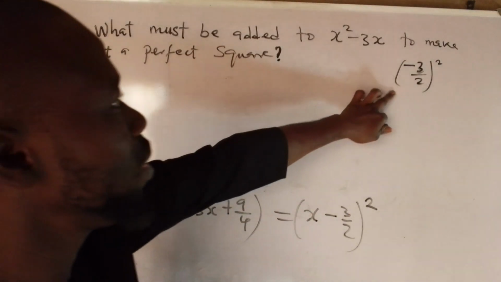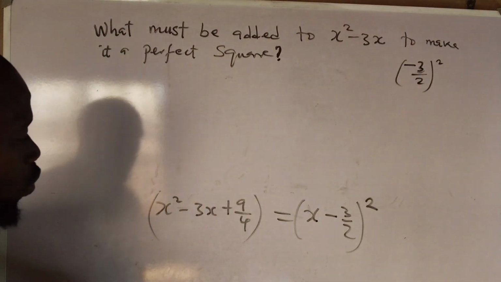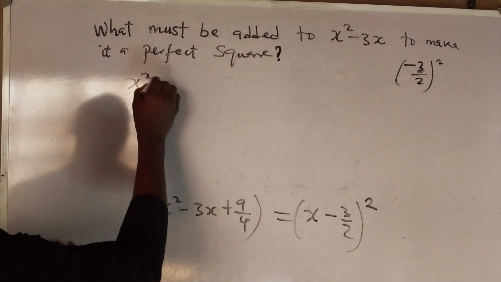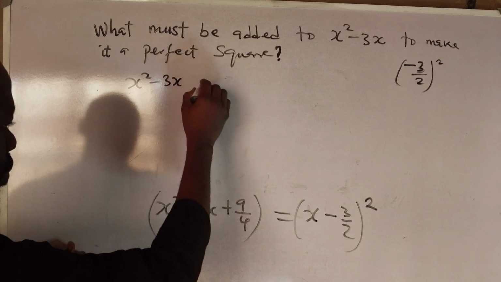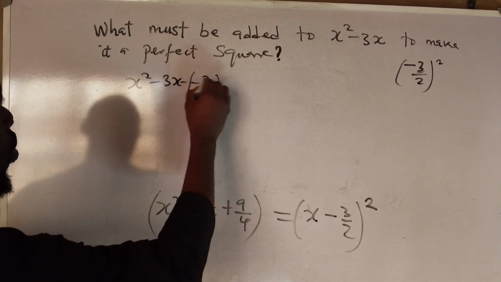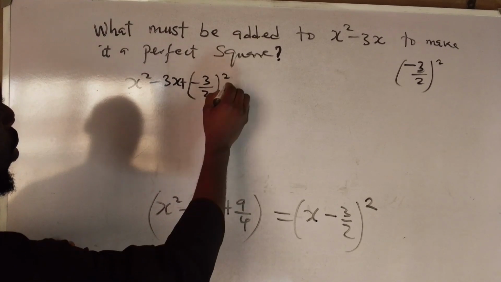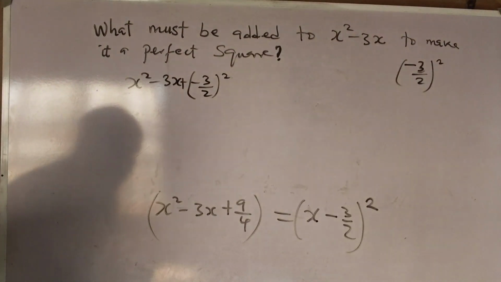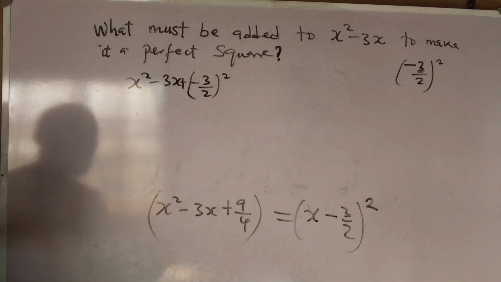That's what must be added to this to make it a perfect square. So that's why we said x squared minus 3x plus minus 3 over 2 squared is a perfect square. Now, and that gives us this answer.